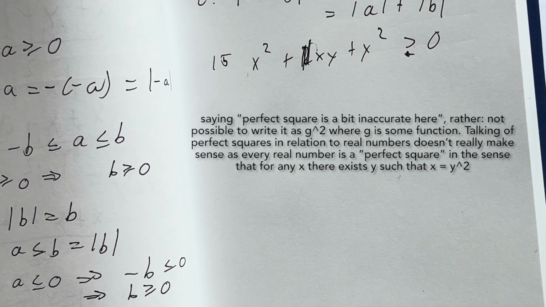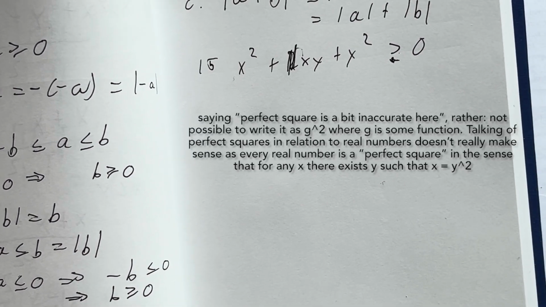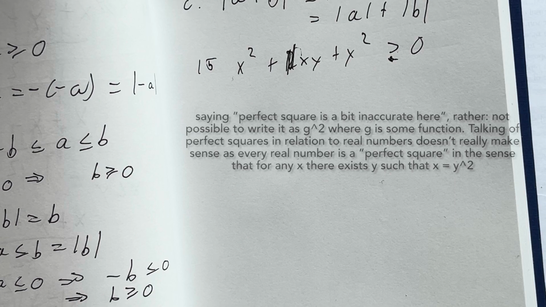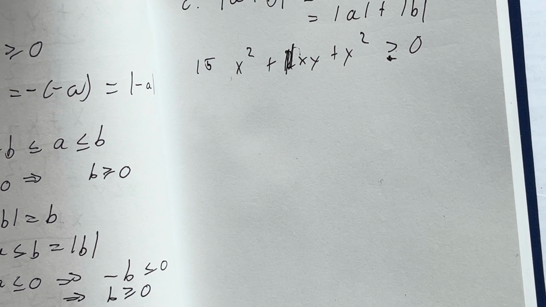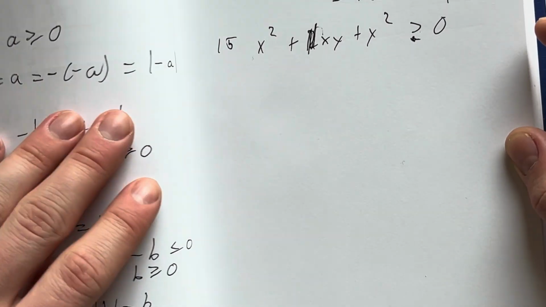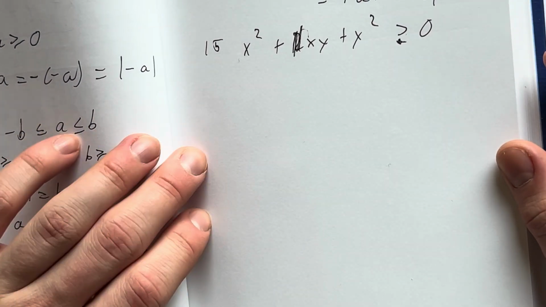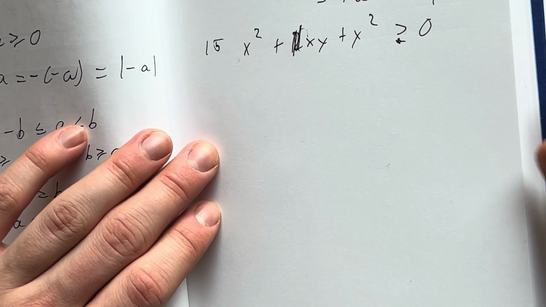But somehow we just need to get it into a square form. That's basically the way whenever you have to prove that something is greater than 0. So let's complete the square.